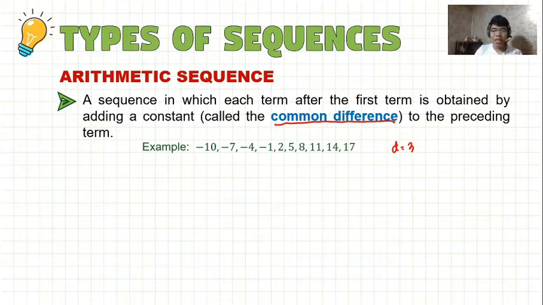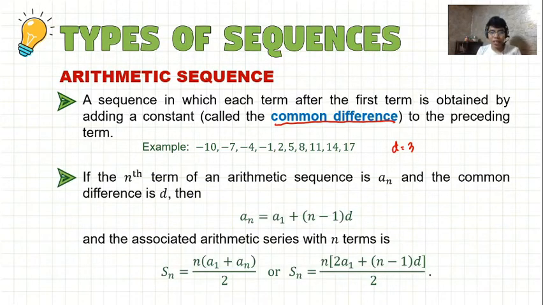Okay? Next, let's have the formulas for this type of sequence. If the nth term of the arithmetic sequence is a sub n, so meaning nth term yan, a sub n, and the common difference is d, then a sub n is equal to a sub 1 plus the quantity n minus 1 multiplied by the common difference d. So this will be the formula that we are going to use if you are going to look for the value of a sub n or the nth term.